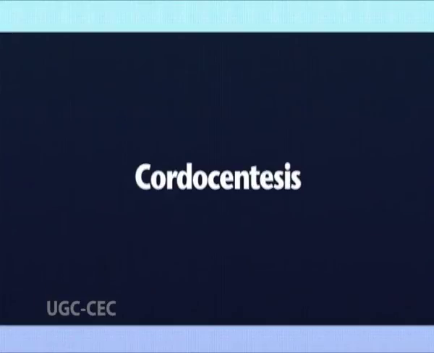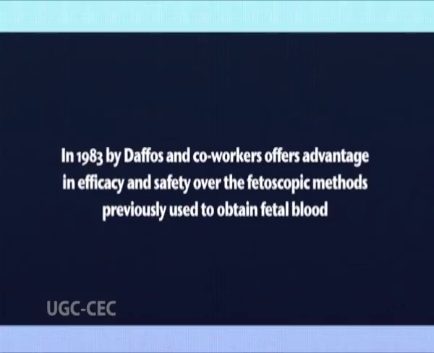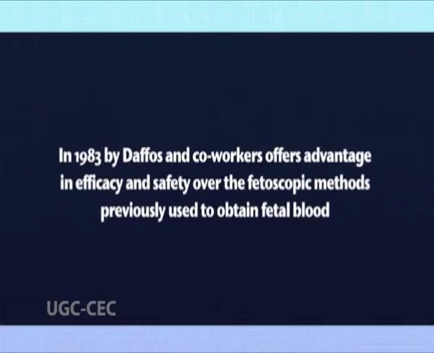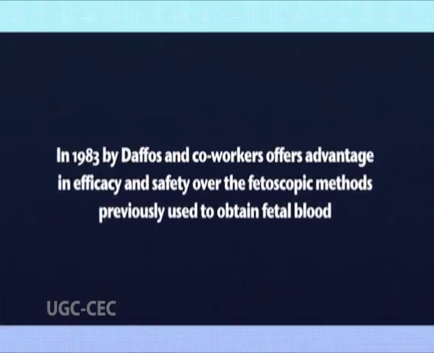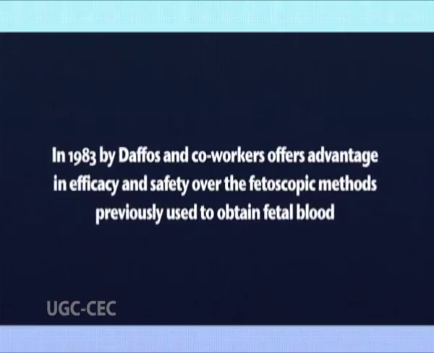Third one is chordocentesis. Chordocentesis is an invasive method of obtaining fetal blood from umbilical cord using transabdominal approach. This method, first described in 1983 by Defoe and co-workers, offers advantage in efficacy and safety over the fetoscopic methods previously used to obtain fetal blood and nowadays almost completely abandoned.